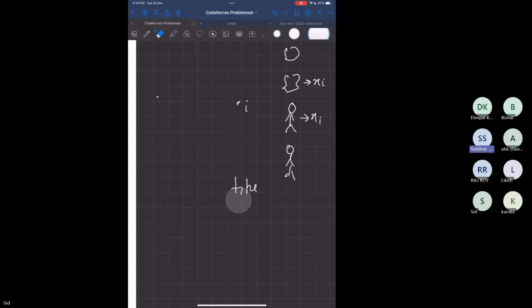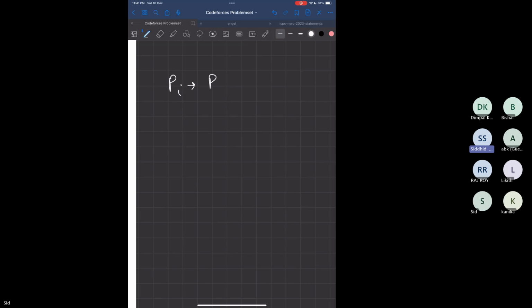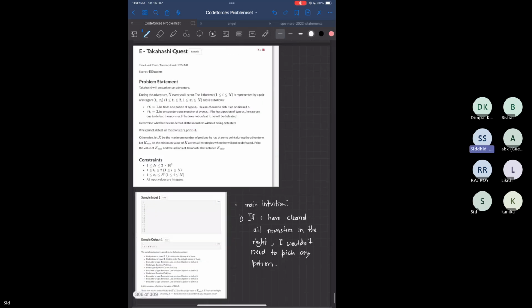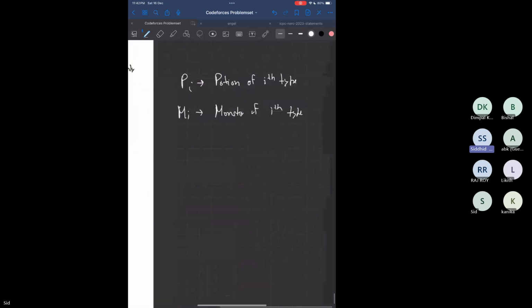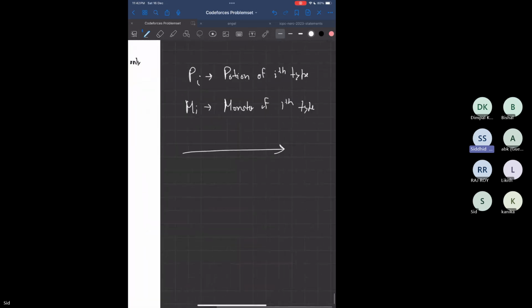Let's denote the potions as P, so PI is a potion of ith type, and MI is a monster of ith type. The order of the events, let's make it horizontal like this.